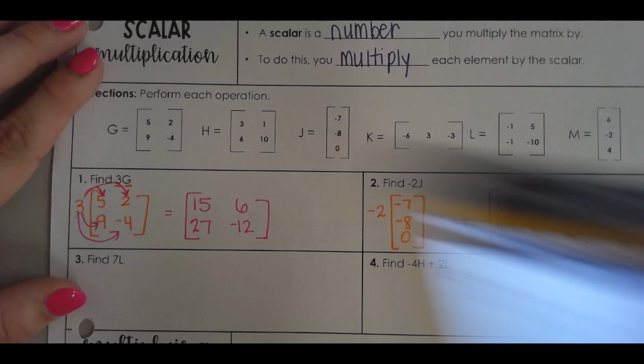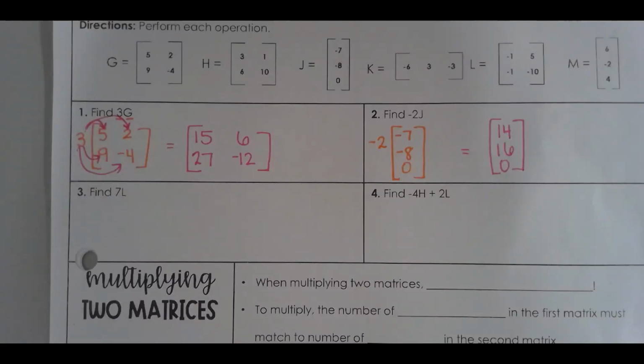So I want you to try number 3, 7L. Alright, so number 3, what are the dimensions of my answer, Xander? What are the dimensions? By 2, okay. Yeah, there we go.